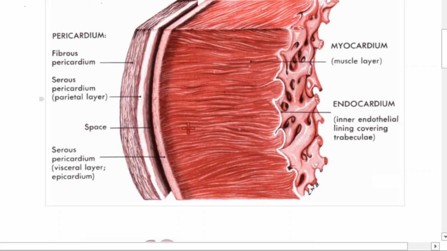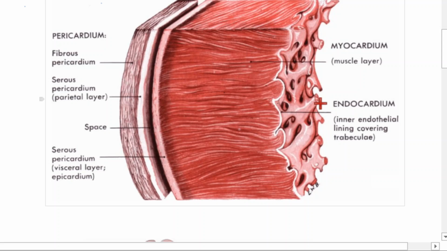So the wall of the heart has three layers, right? One is the endothelial layer, the muscle layer, and the epicardium, which fuses with the visceral layer of the serous pericardium. Understood?